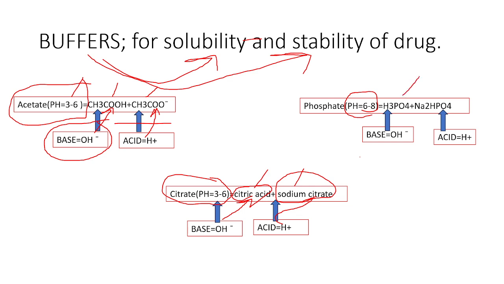It contains phosphoric acid and sodium phosphate. If you use a base, it reacts with the acid, and neutralization will occur. If you use an acid, it reacts with the sodium salt, then neutralization of that particular acid will occur. So this is about the different formulation ingredients used in parenteral dosage forms.